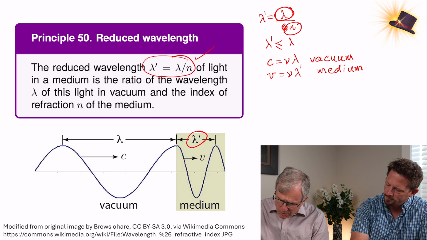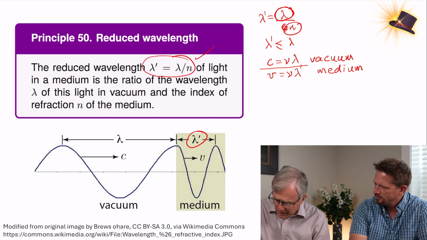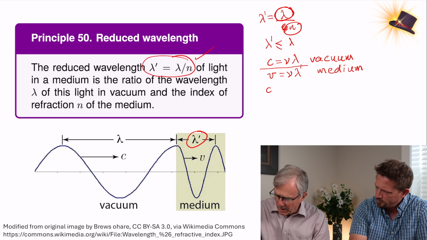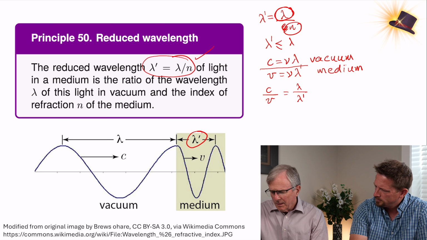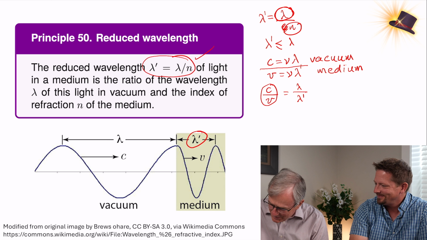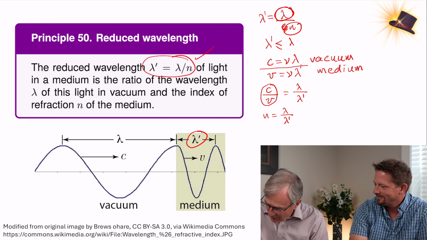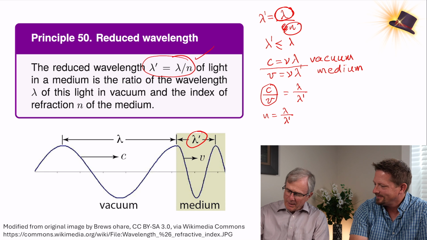If we divide these two equations by each other, dividing the left sides and then the right sides, the left side will be c divided by v, and the right side is lambda over lambda prime. But c over v is something that we just talked about. This is just the refractive index. So n equals lambda over lambda prime. And if we want to solve that equation for lambda prime, we multiply both sides by lambda prime and divide both sides by n, which gives lambda prime equals lambda over n.